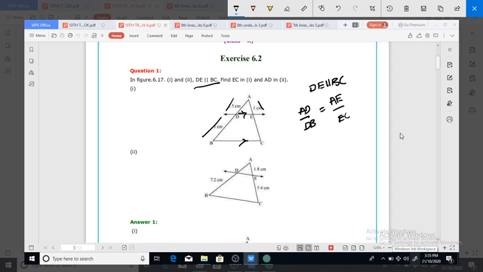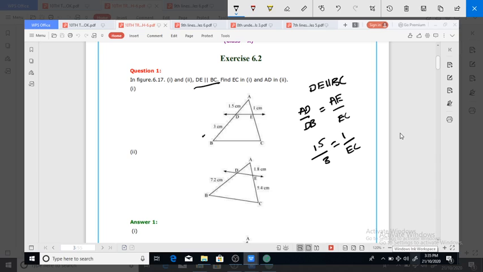Here we don't know EC, so put the values. What is AD here? AD is 1.5. So 1.5 divided by BD, which is 3 cm, equals AE, which is 1 cm, divided by EC. We don't know EC.